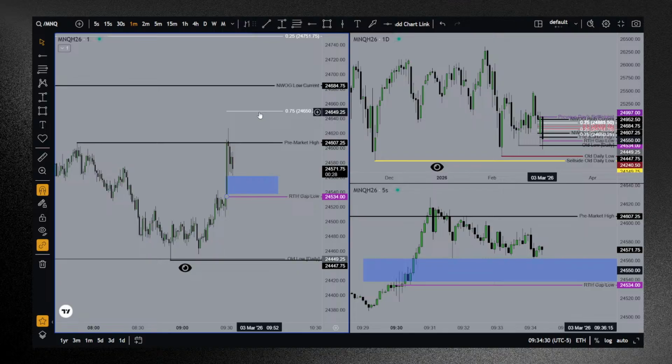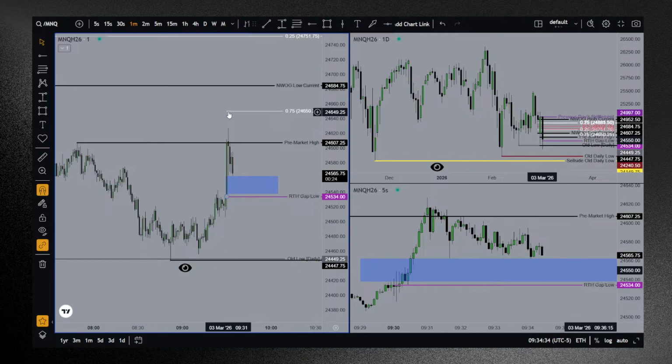So basically the failure to reach the lower quadrant of the opening range gap would be indicative of further underlying weakness.